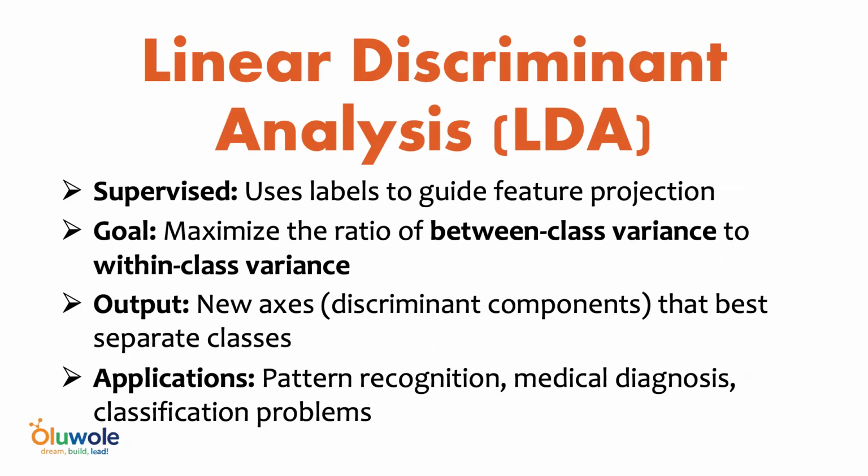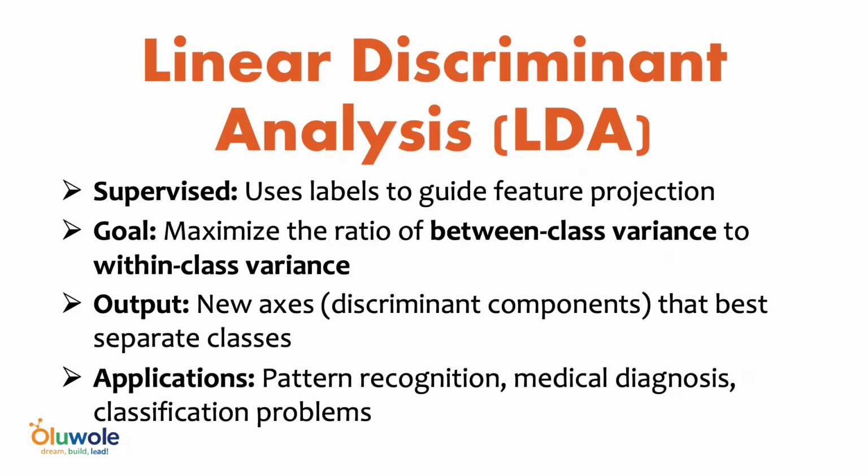Yes. You must tell it what you want it to compress. So that's why we call this supervised. Supervised learning. You know, under machine learning, we have supervised learning and unsupervised learning. Yes, sir. Labeled and unlabeled, exactly, sir. Yes. So what is the goal? We want to maximize the ratio of between class variance to within class variance. Just like I've said, age and age group.